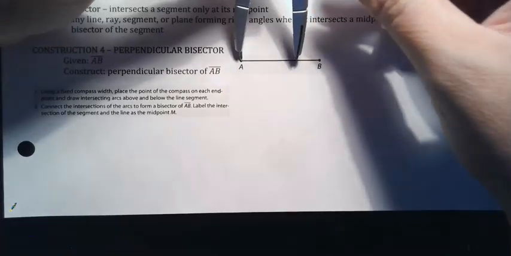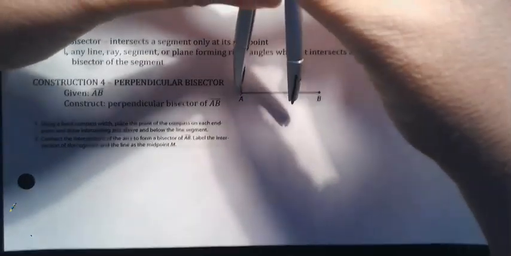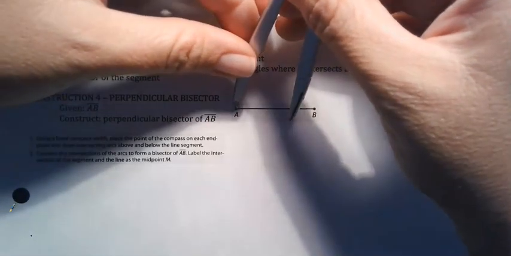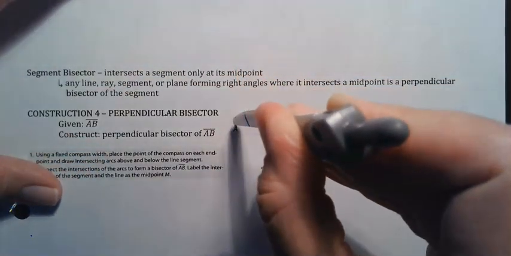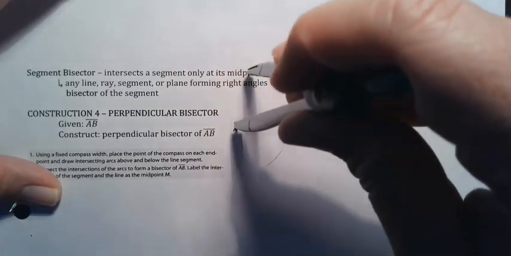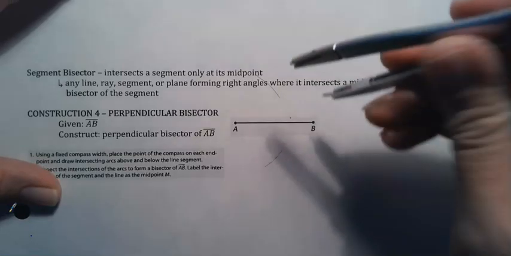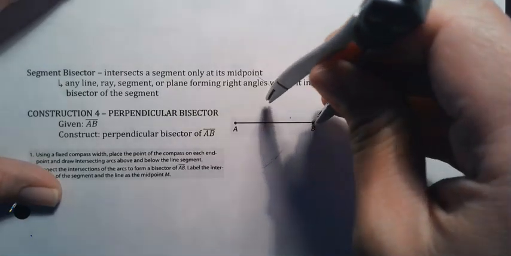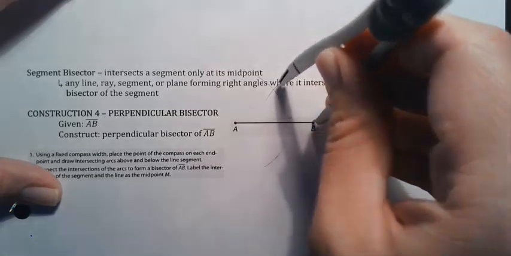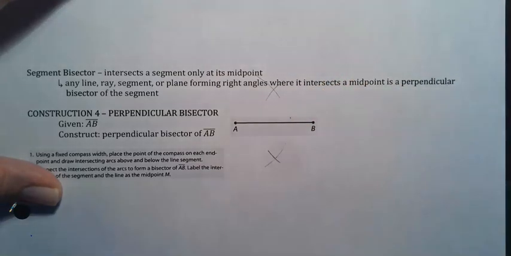We're going to place the point of the compass on each endpoint. I'm going to place it on A to start with, and we're going to draw intersecting arcs above and below the line segment. So I'm just going to go down here and draw an arc. I'm going to make it pretty big. I'm going to go to the top and draw an arc. Then I flip over to B and draw an arc on the top and the bottom.